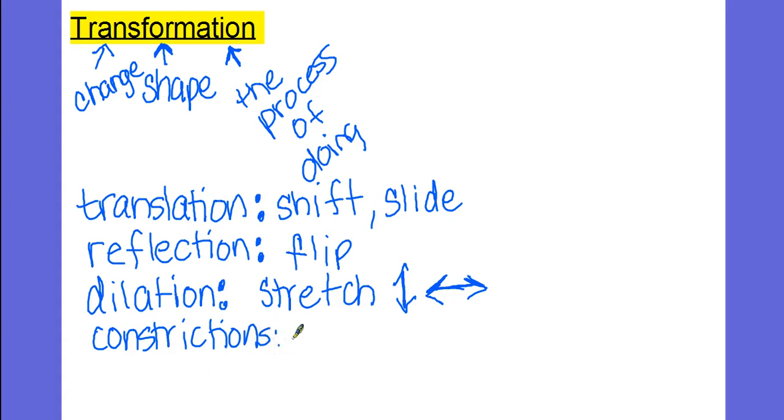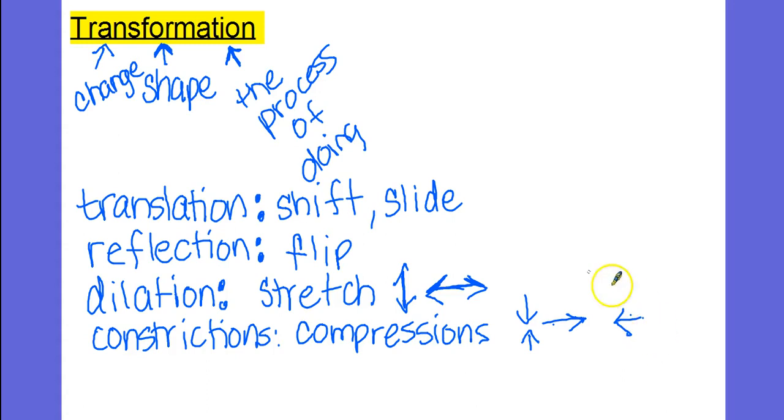Like a boa constrictor, what do they do? They squeeze things in. All of these things are happening horizontally. Another word for this is a compression. Typically you'll hear about your dilations and constrictions more as stretches and compressions. So it's shifts and flips and stretches and compressions. And compressions go like this and like this.